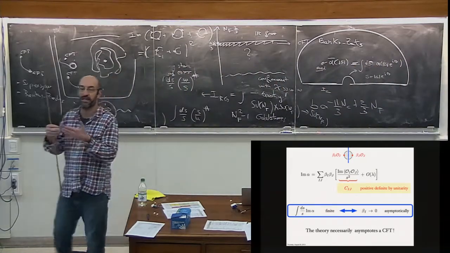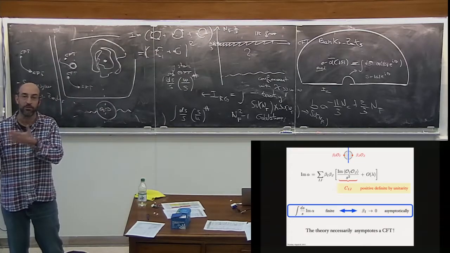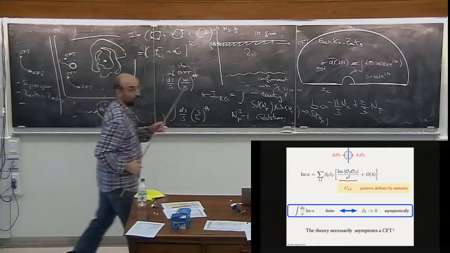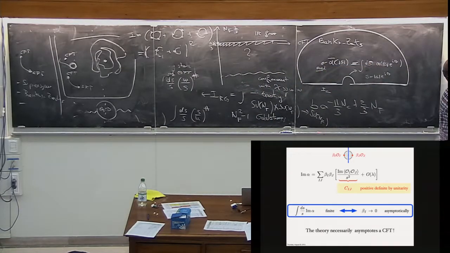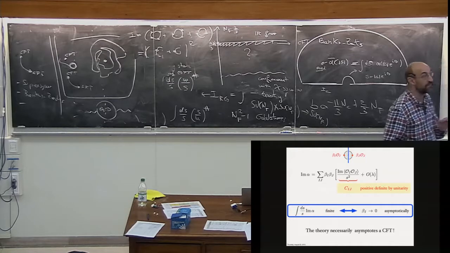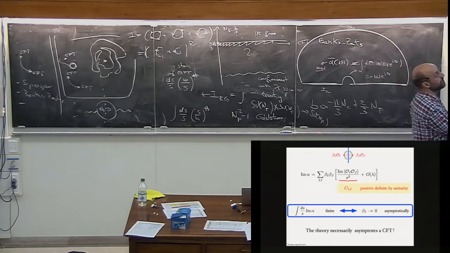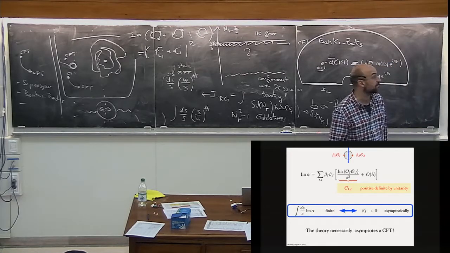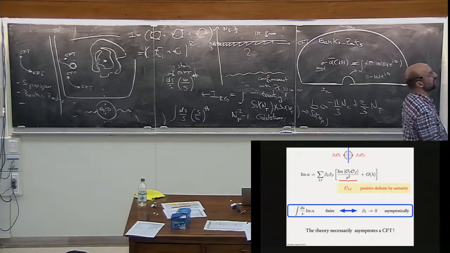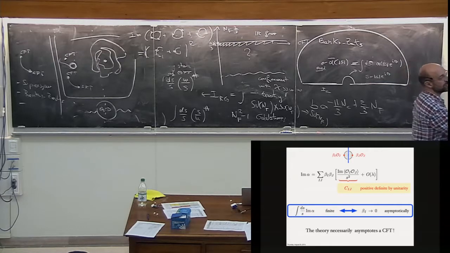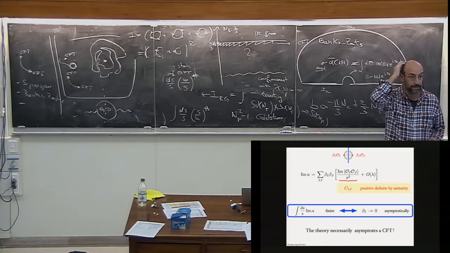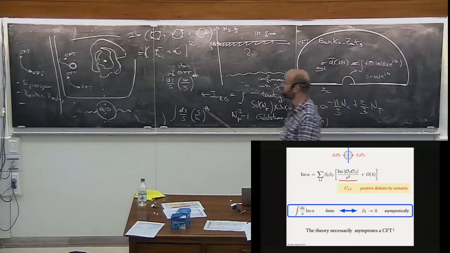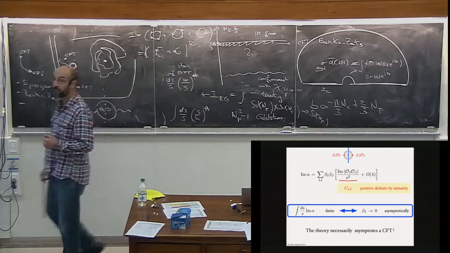It's simply an operator which is a combination proportional to the equations of motion. But any physical operator will give you a non-zero result, okay? So this metric here is strictly positive definite. Then the imaginary part is just a strictly positive metric times the beta function computed at the value of the running couplings. So in order for this integral to be convergent, the beta function has to asymptotically go to zero. So the theory asymptotically must be conformal. So all these other possibilities are ruled out.